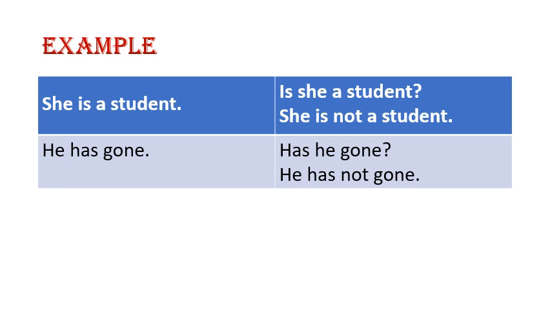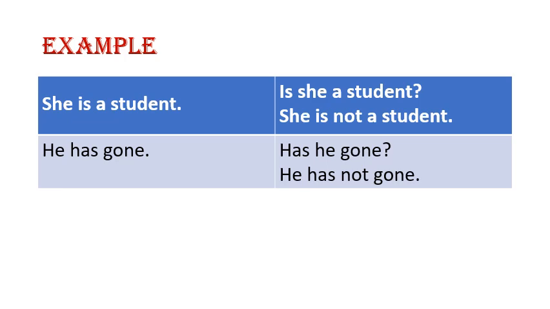Now the second one, he has gone, and here has is the auxiliary. Then we put has before the subject he. Has he gone? And it makes a question.